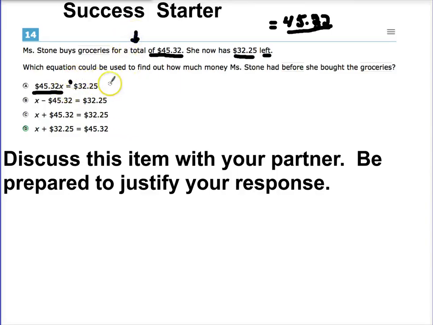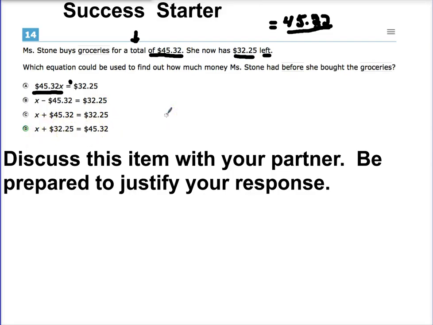So I know I can't multiply that by any number because that wouldn't make sense. I'm looking at this one, and this has X subtract $45.32 equals $32.25. And then I've got another where I'm adding something to 45, and then I'm adding something to 32.